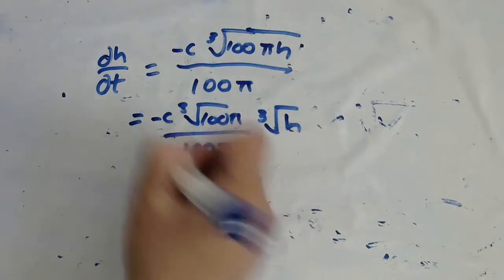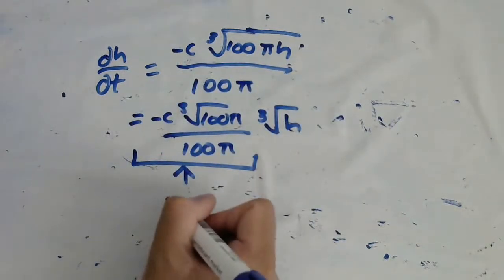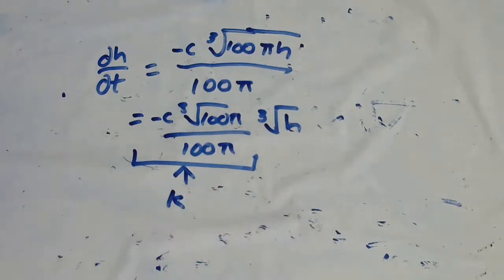So that huge monstrosity from here to there is the k they're looking for in the question. And done. Okay? So k is minus c times the cube root of 100 pi over 100 pi. Which, I suppose you could simplify to some extent, but I don't see any particular value in doing it.